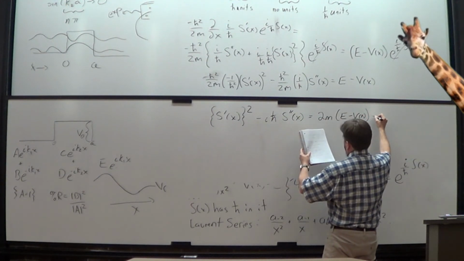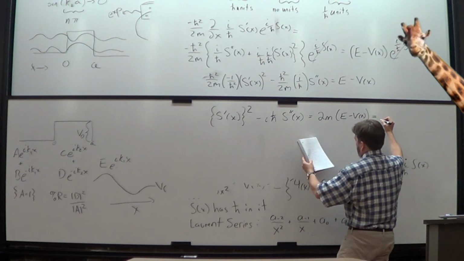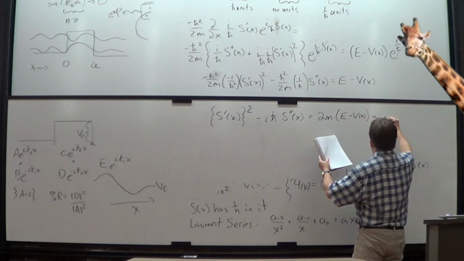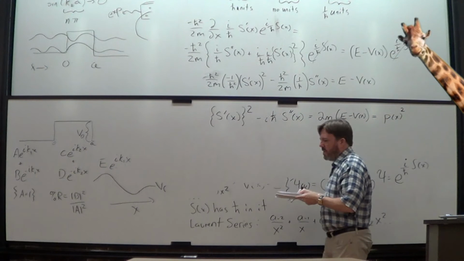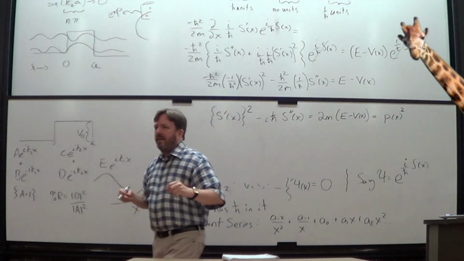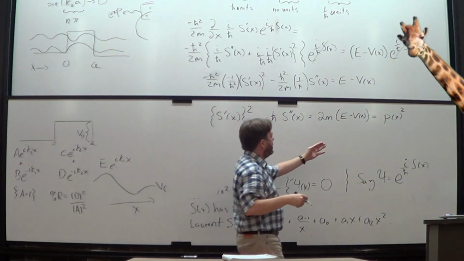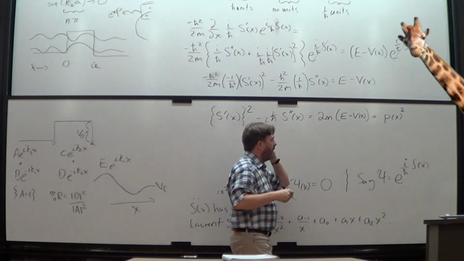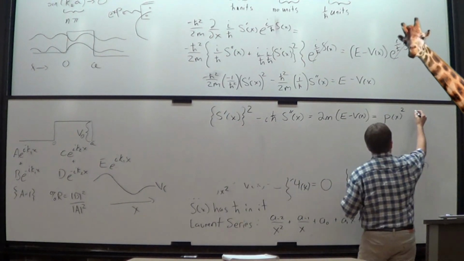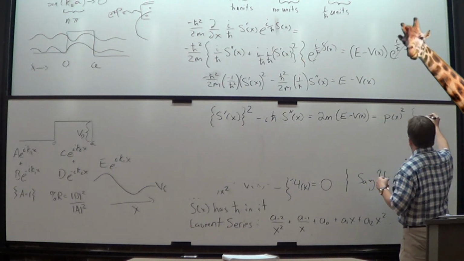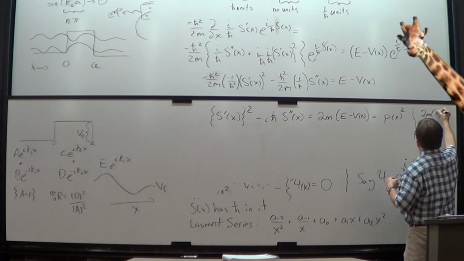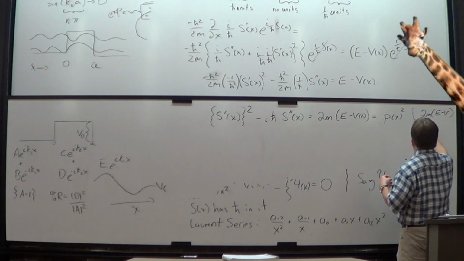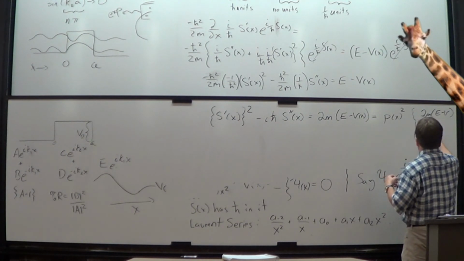And this we are going to call p of x squared. Okay, so I want to point out that if this is energy minus potential, then that's kinetic energy. So what I've got here is 2m times e minus v is p squared over 2m.